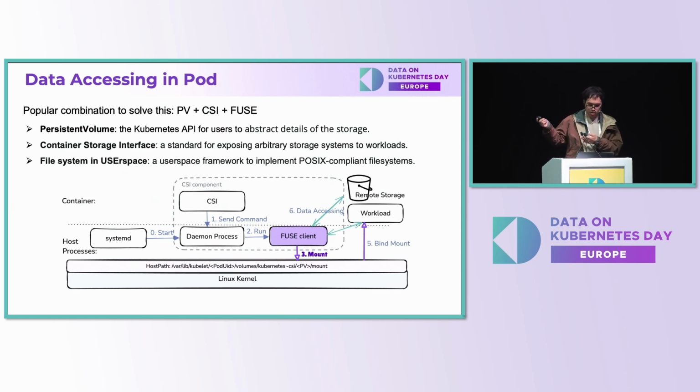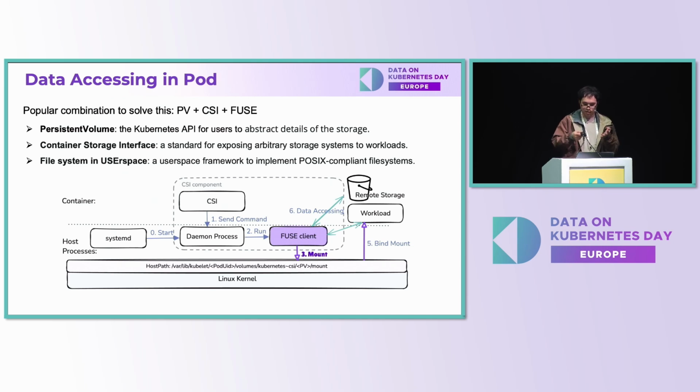So the picture here shows a simplified process of how it works. A workload pod is going to start on some node. The CSI node plugin will know it, and it tries to start a Fuse client process on the host. The Fuse client process is actually a user space process. It mounts remote storage at a specific host path, and the host path will be then bind mounted to the container's volume path.